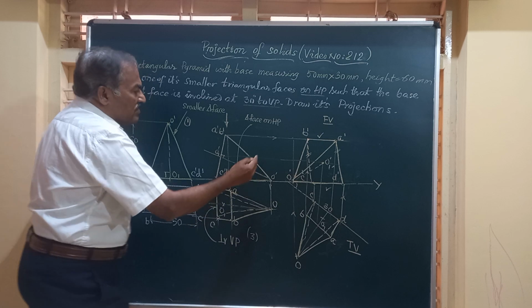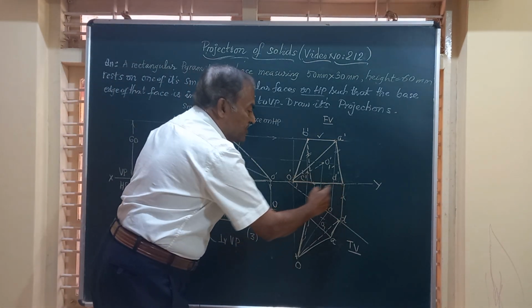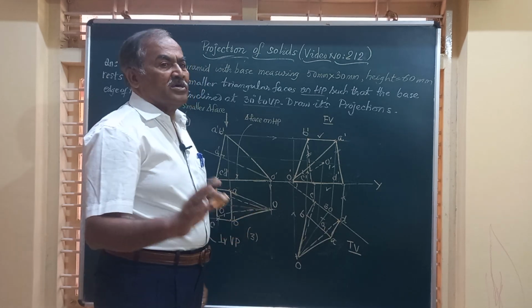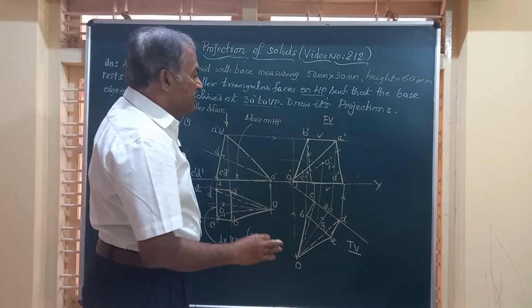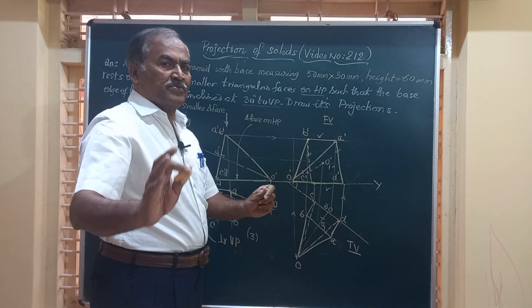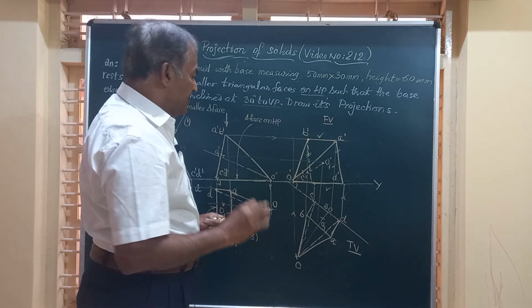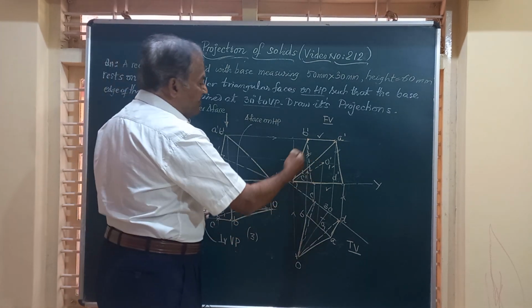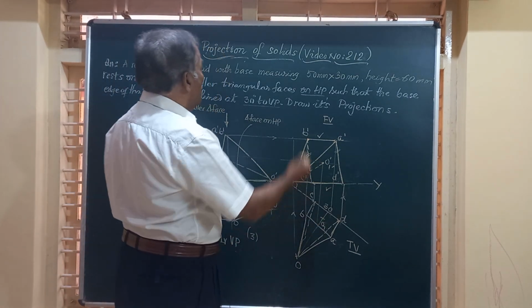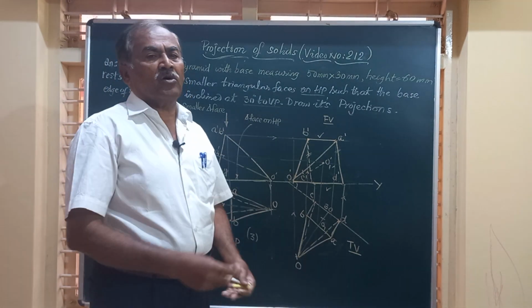The same triangular face is seen here as O dash, C dash, D dash as a line on XY. And since there are 3 points, this O dash, C dash, D dash represents the triangular face of that smaller face. And it satisfies all the requirements of the question, and hence the solution whatever we have got is the right answer.